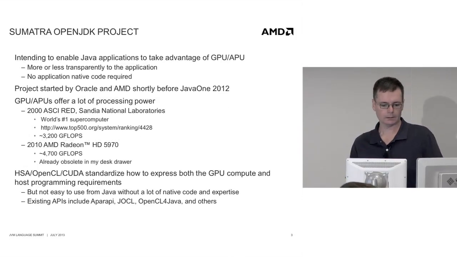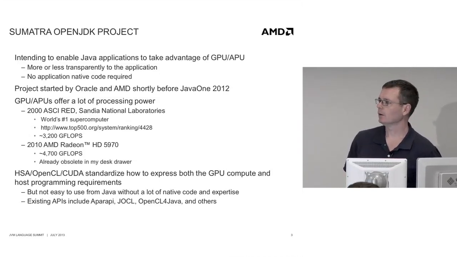Okay, so yeah, Sumatra is a project intending to enable Java offload to the GPU, hopefully more or less transparently to the application so that it does not require a tremendous amount of customizing by the application developer, and hopefully with no need to write any native code, so that the solution could be as portable as possible between different platforms.